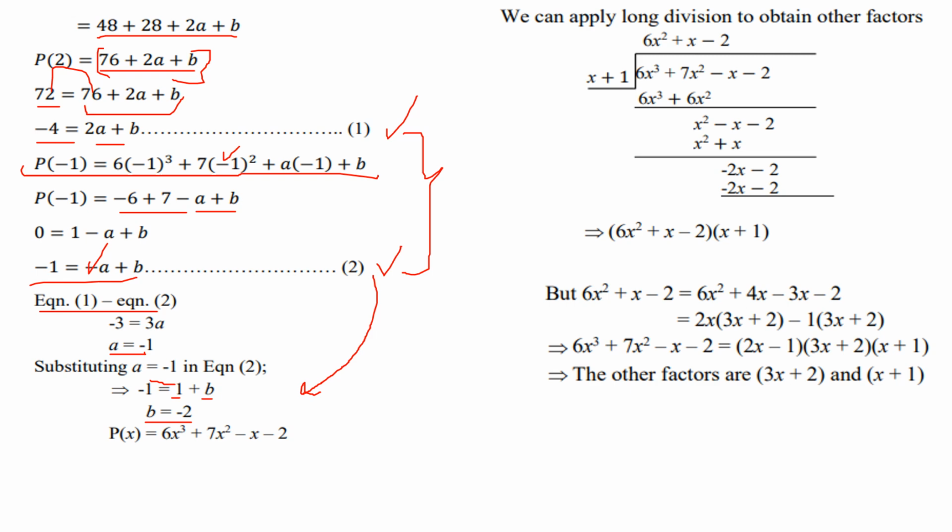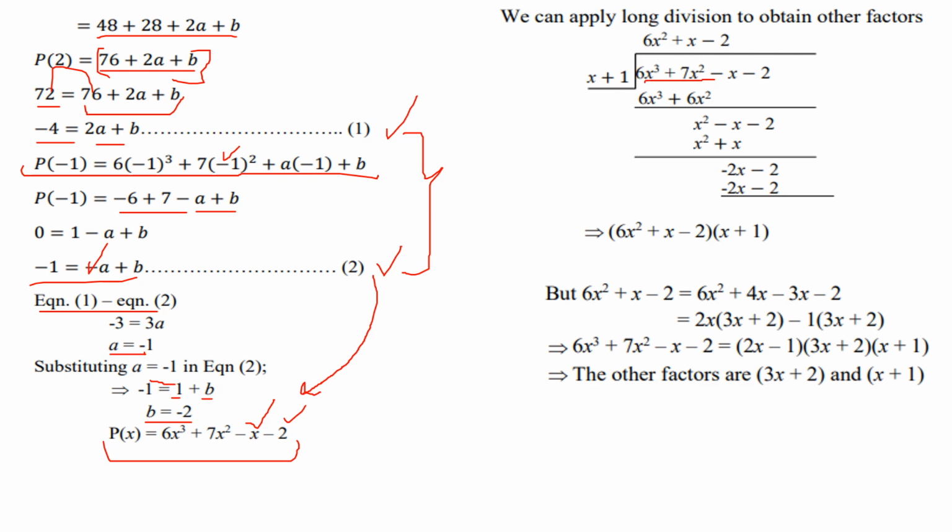So your polynomial function P(x) is going to be equal to that, because you have already found the value of a and the value of b. Now, they have told us to see whether other factors are divisible. To get the other factors, we take one of the factors which was given, and we put them in a long division route.